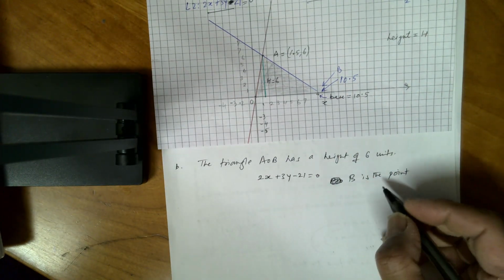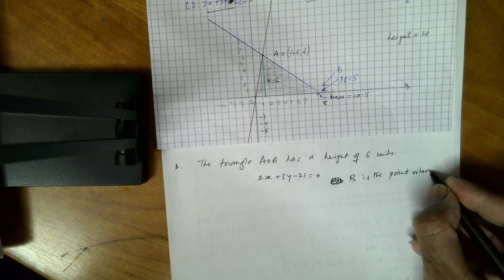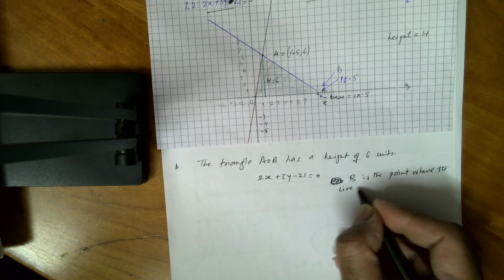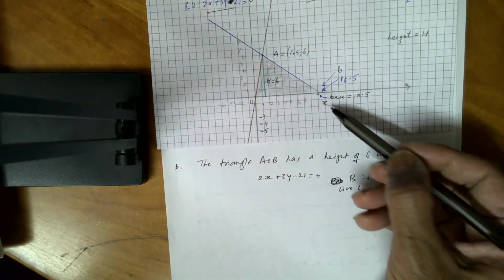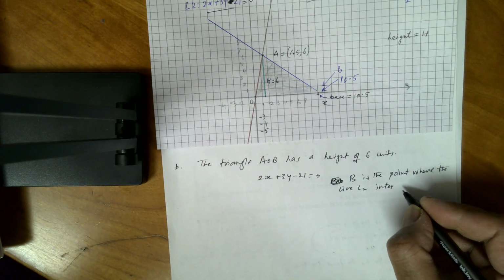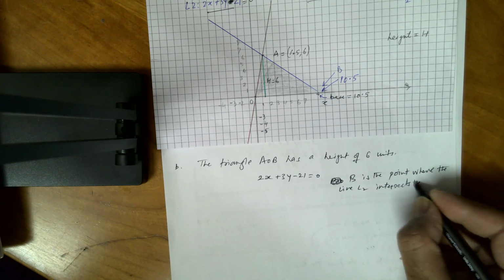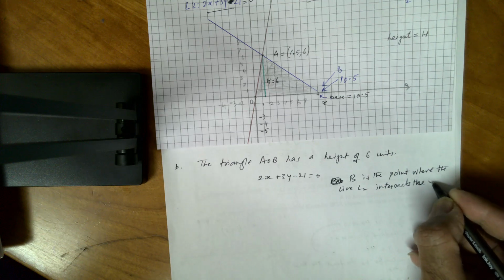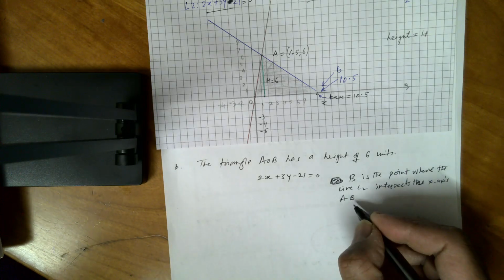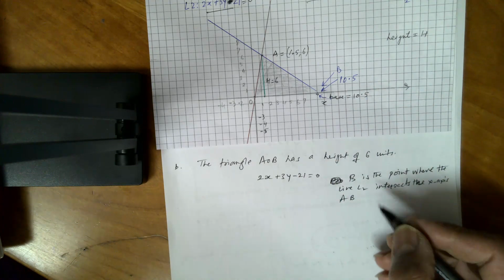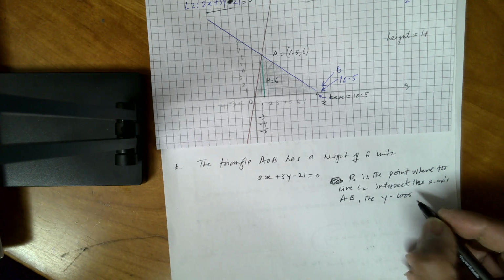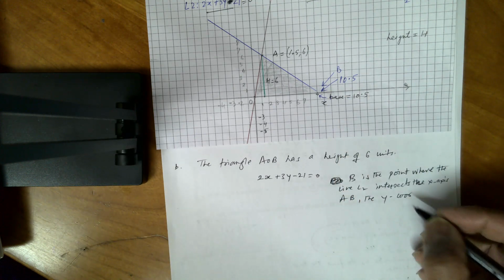Okay, so let me write down: B is the point, and this is very important, where the line L2, I'm talking about this line here, intersects the x-axis at B. Okay, that is your B, where the y coordinate is 0.